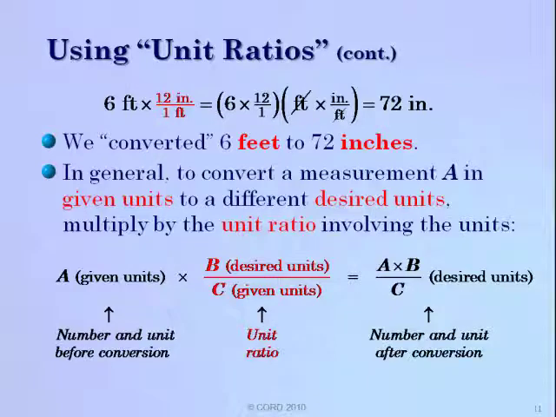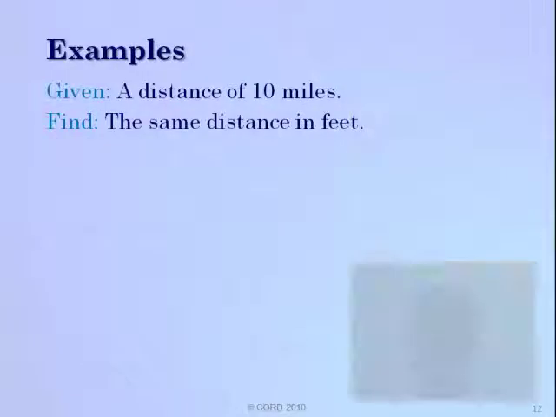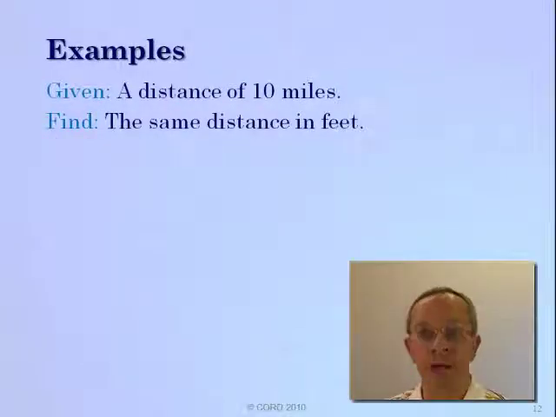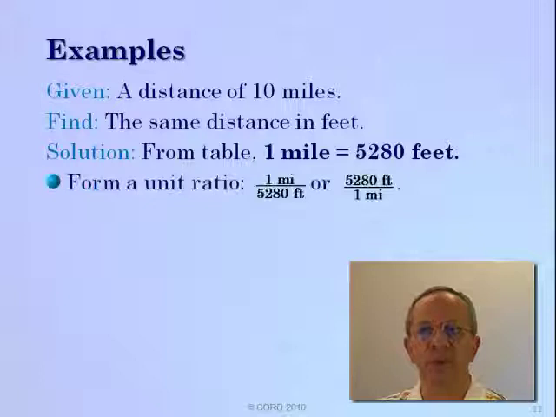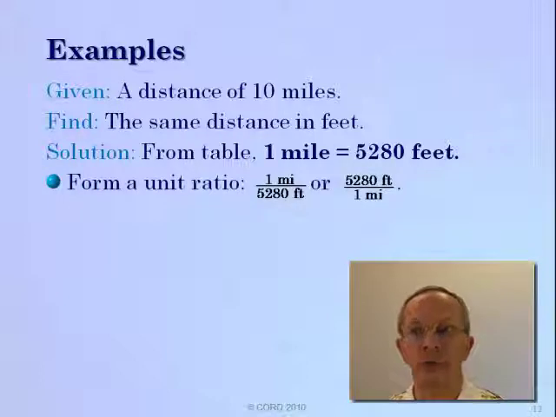Let's see how that works in an example. Suppose we have a distance of 10 miles and we want to find the same distance in feet. From the table we find that 1 mile is equal to 5,280 feet. So we can form a unit ratio with that relationship. Now we can form a unit ratio of either 1 mile over 5,280 feet or 5,280 feet divided by 1 mile.